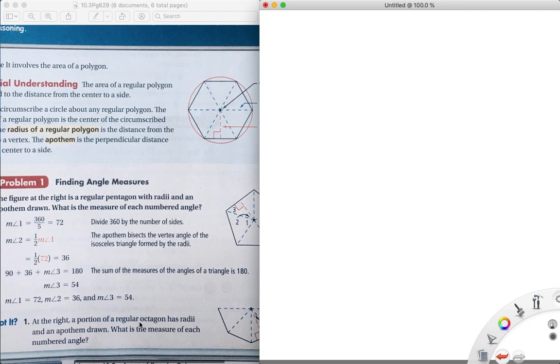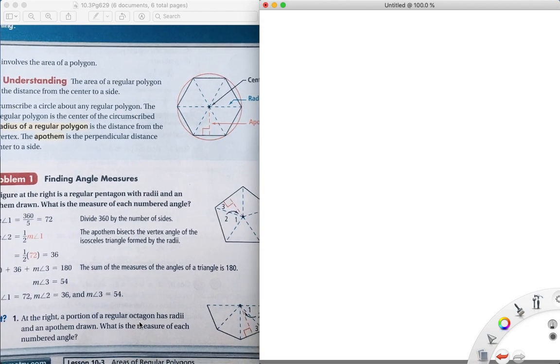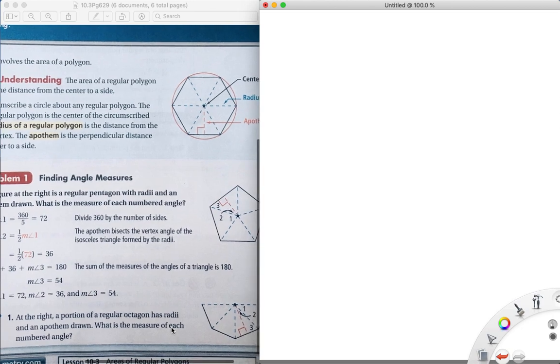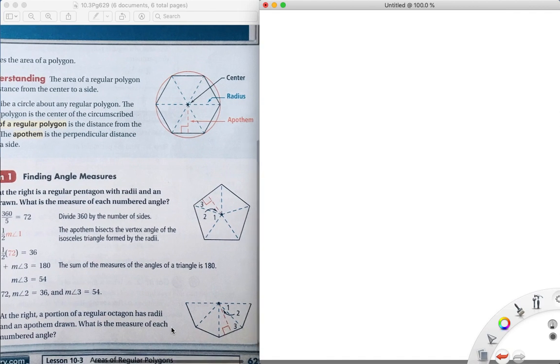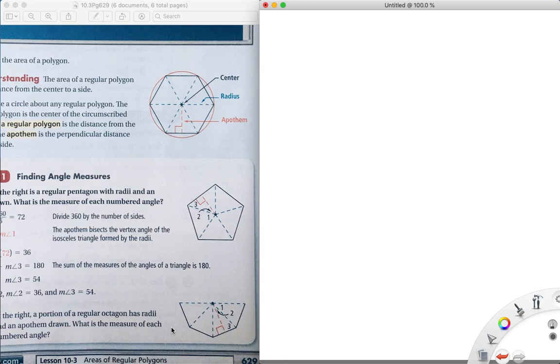In the case of this one, they say that we have a regular octagon, and they have the picture drawn there. They want you to find angle 1, 2, and 3. So since we have a regular octagon, an octagon has 8 sides.